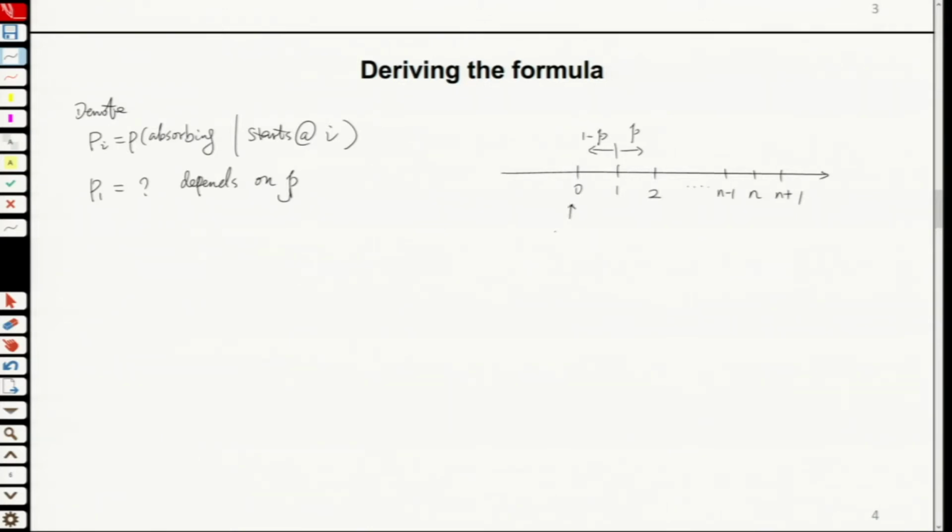And this is the absorbing state. This is the starting location. Obviously here we are trying to say the starting location is 1. He starts at 1.